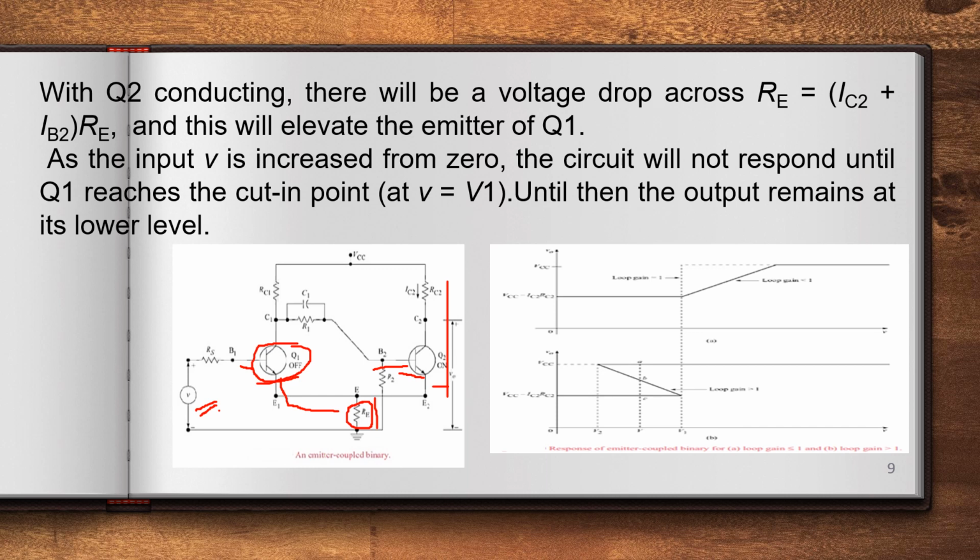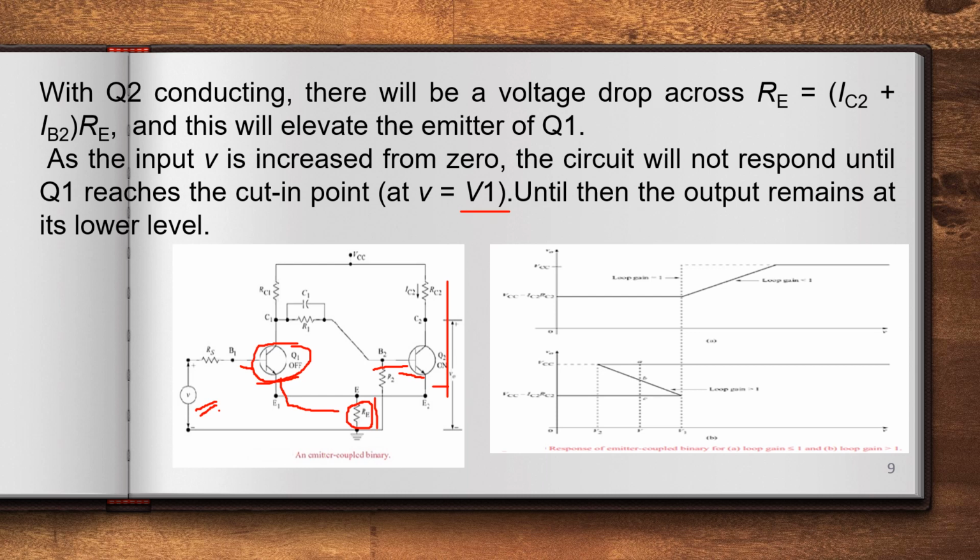When the input voltage is greater than V gamma minus the drop across RE, say the drop across RE is capital V1, at least if it is equivalent to V gamma, then only it starts conducting.